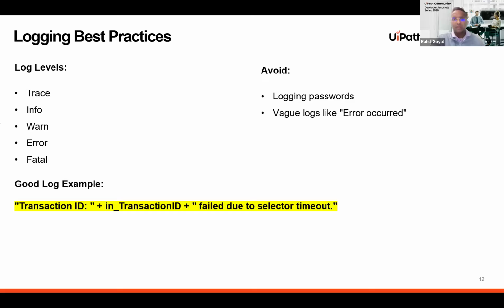So like passwords, if you're using a bot to log in to a machine and your logins are stored as an asset somewhere and you're using those credentials to log in, never log your passwords in the messages. Also avoid vague logs like "error occurred." So we have to be careful about what not to capture in a log. But on the other side, what is the right type of information you should keep in mind to log, so that it becomes meaningful at a later stage from a troubleshooting standpoint.